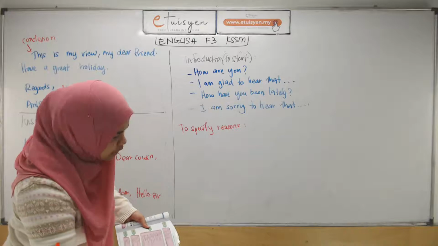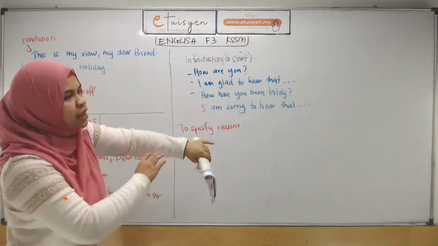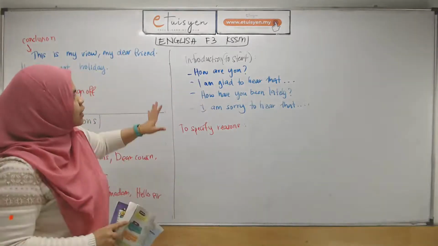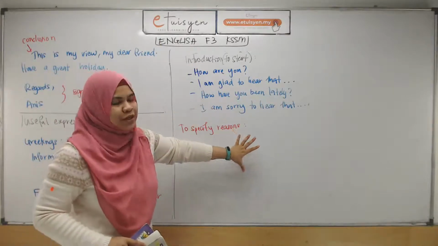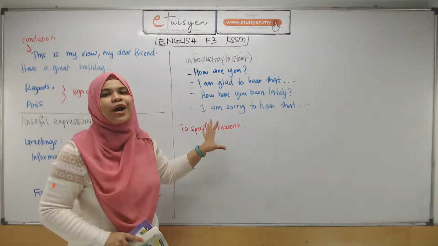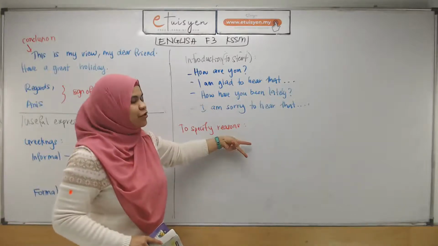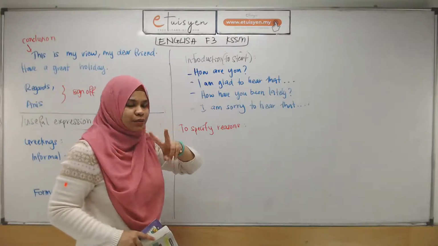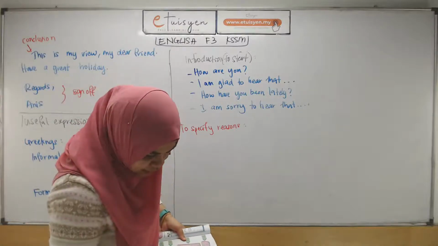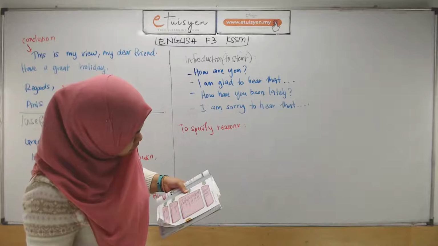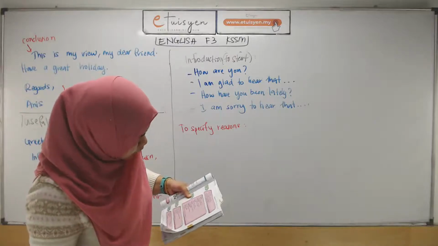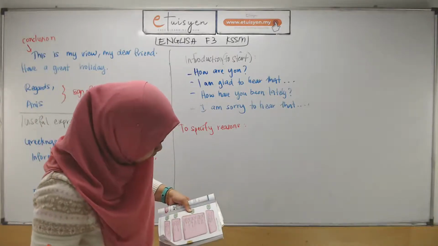Earlier was the introduction, and afterwards you need to write your purpose. To specify a reason is the purpose: why are you writing that email? This is usually the second paragraph, where you directly answer the question. There are many ways, but I'll give you three first.